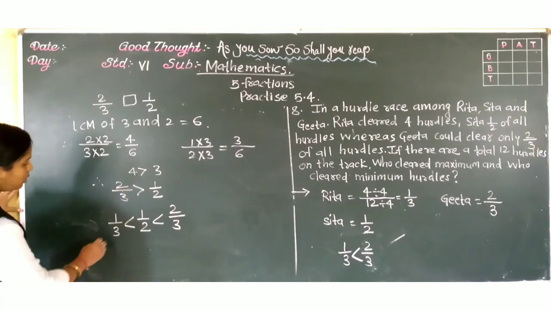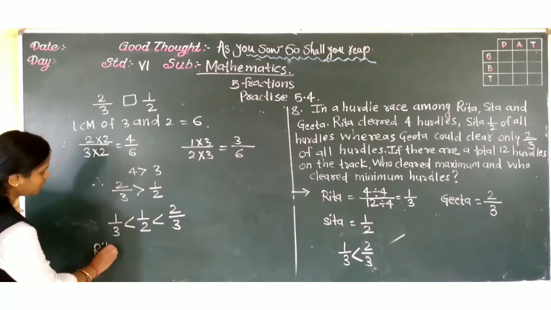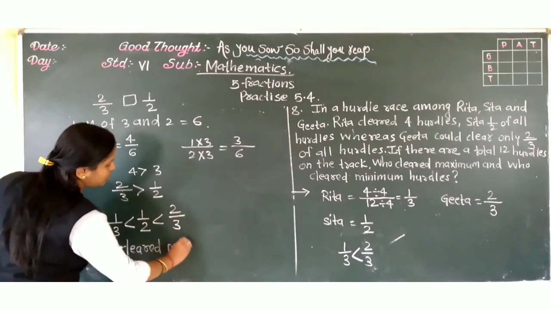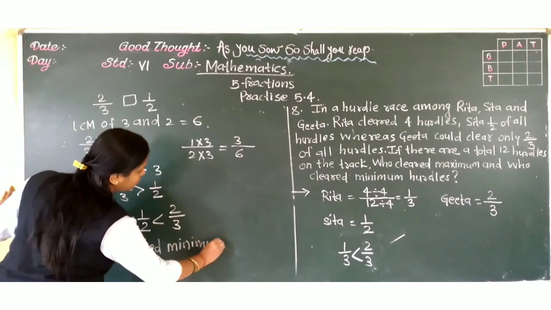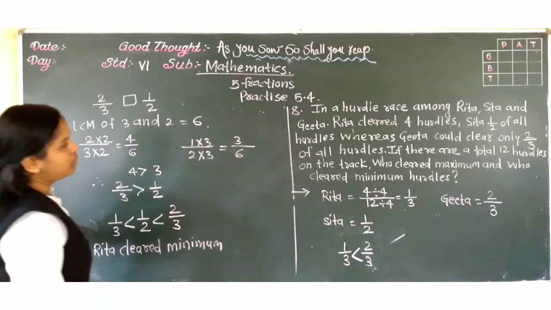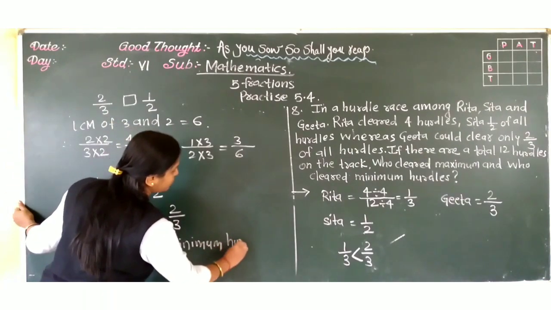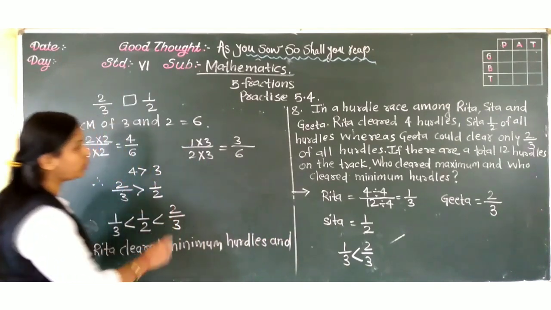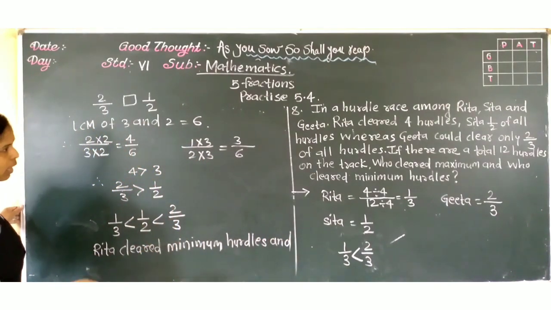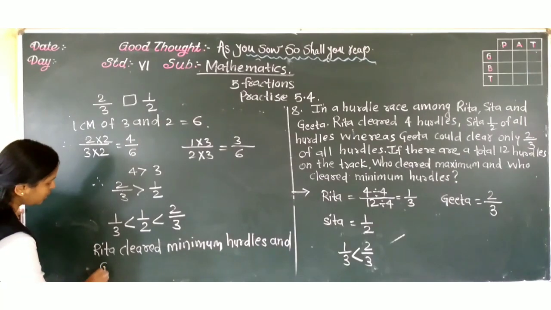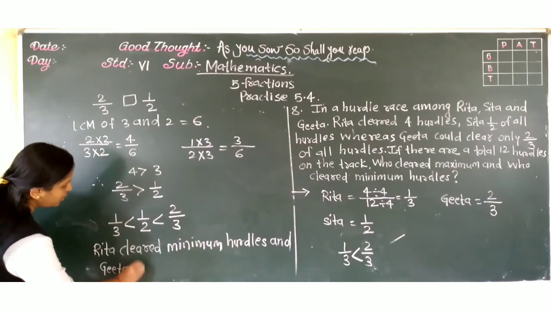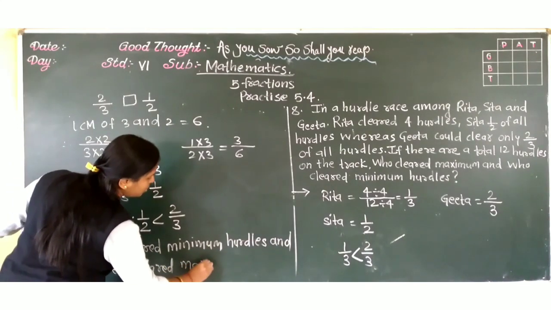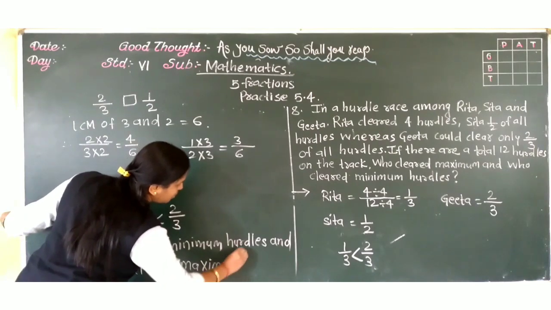So Rita cleared minimum hurdles, and who has cleared more? 2/3. Who is 2/3? Geeta. Geeta cleared maximum hurdles.